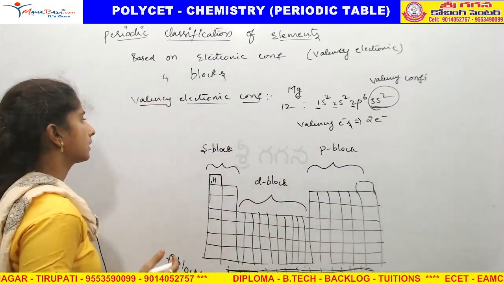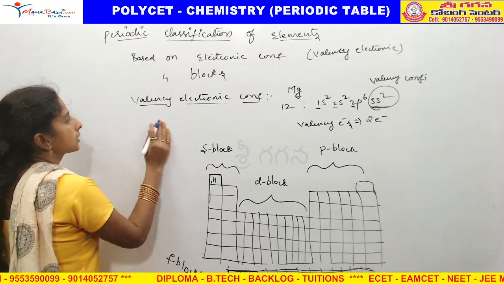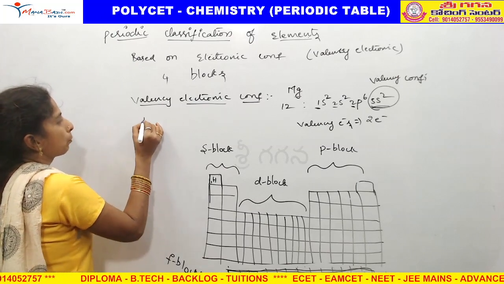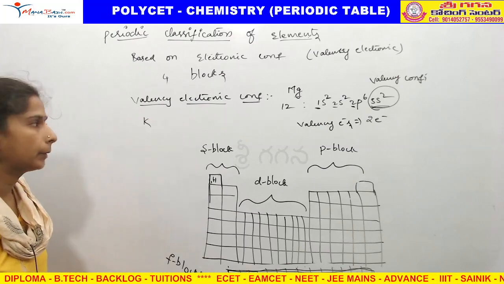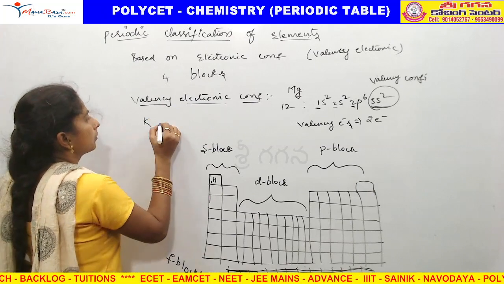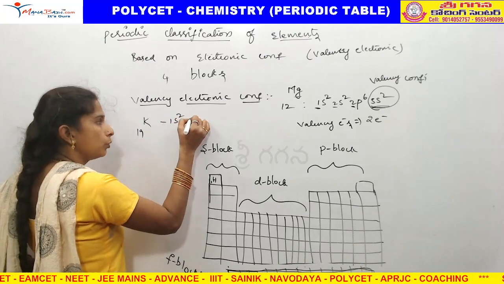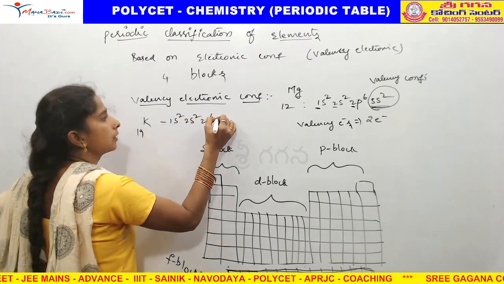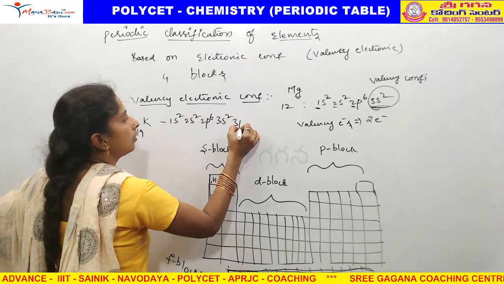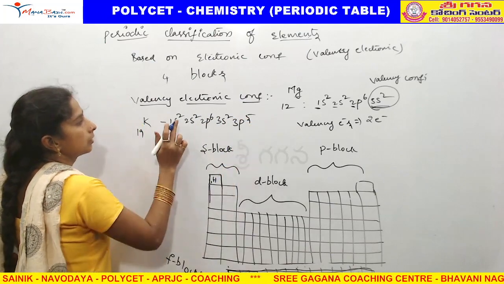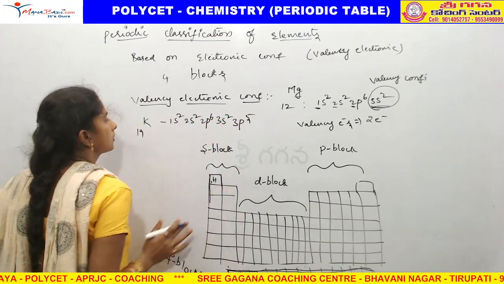And one more example I am going to give. For example, potassium. In potassium, 19 is the atomic number. 1s2, 2s2, 2p6, 3s2, 3p5. Is it correct? 10 plus 7, 17.